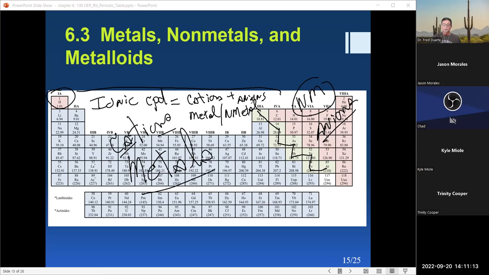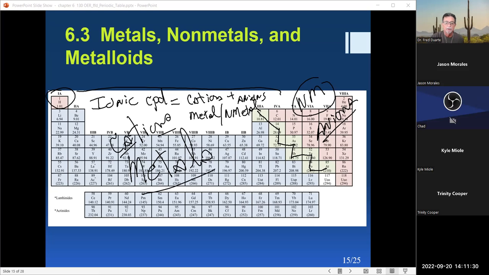Those are ionic compounds. So that's why it's important that we know who's the metal, who's the nonmetal. Once we know that, we can then determine what is the charge of the metal? What is the charge of the nonmetal?